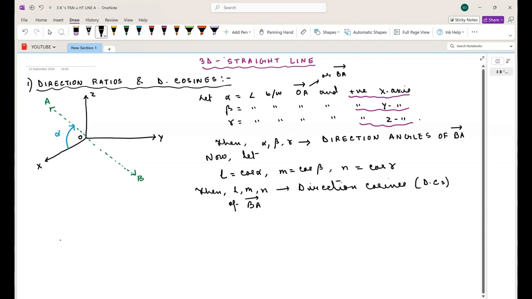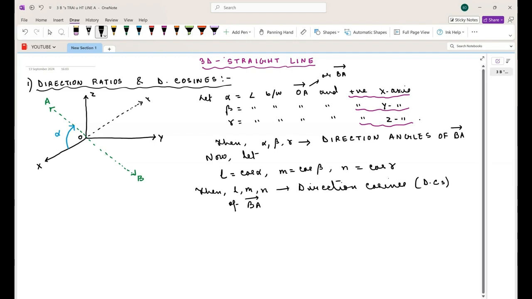Now let us consider the angle alpha. Alpha is the angle between the line and positive direction of x-axis. So if I draw the negative direction of x-axis, it will be going outwards from the screen, backwards.